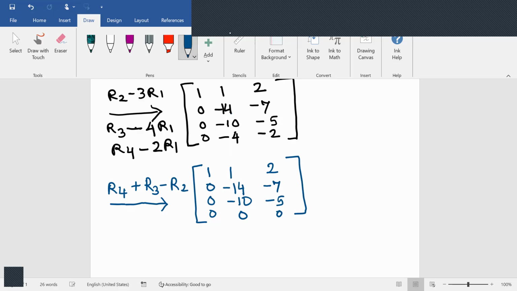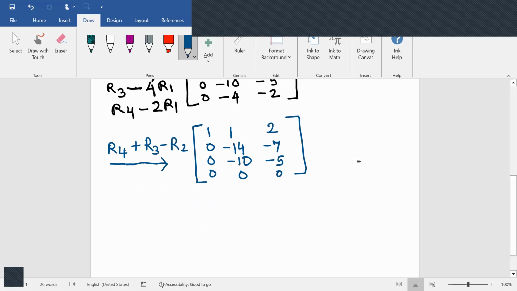Now, let's check any further transformations, whether it's possible to reduce the element given over here or over here to 0. Maybe one of them, but not both. So the rank in any case will not change.